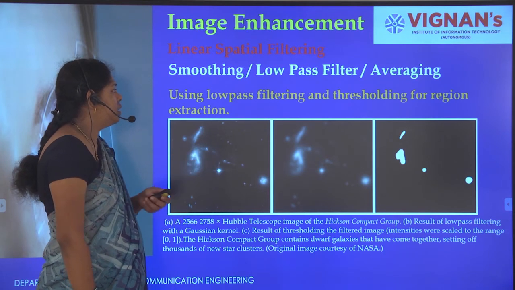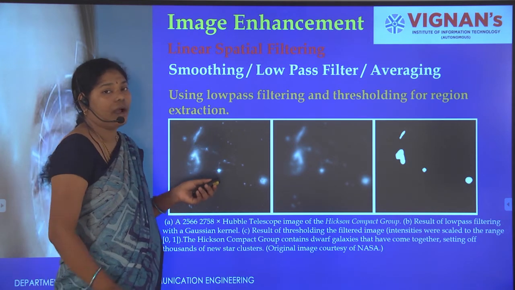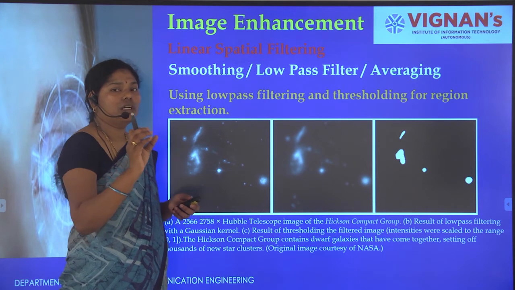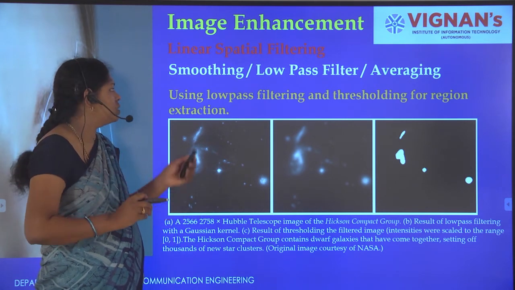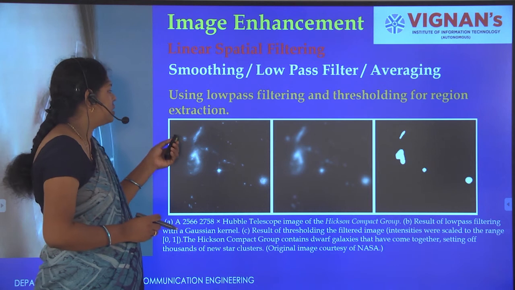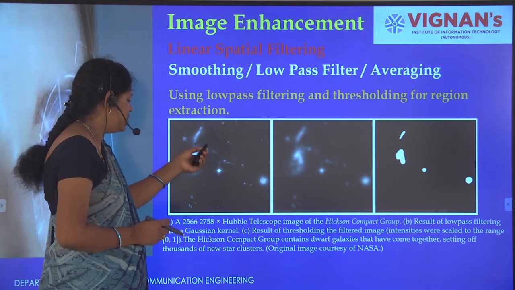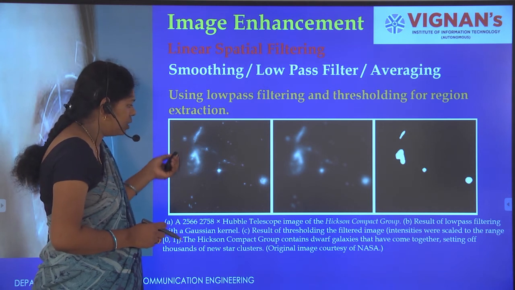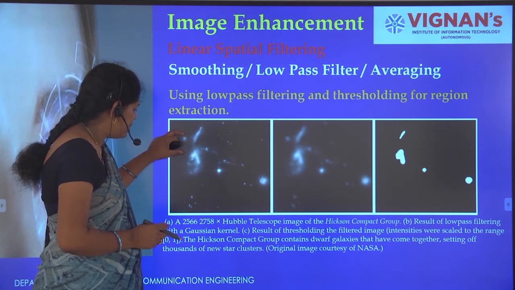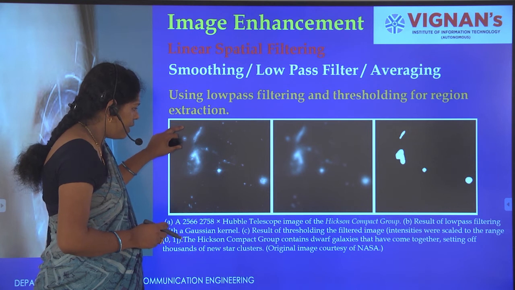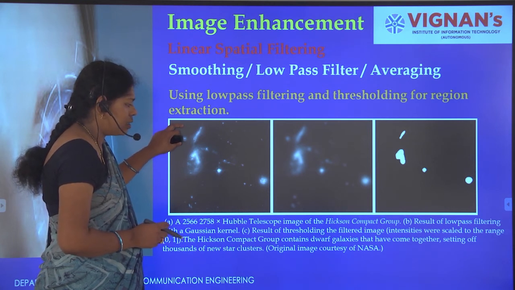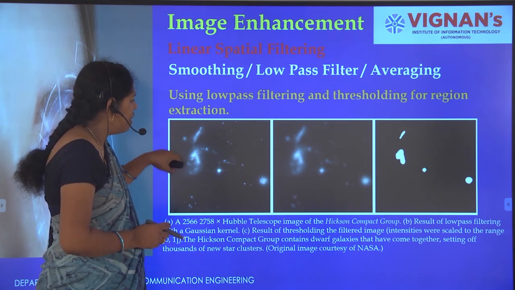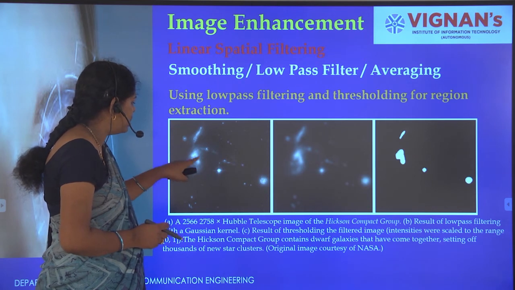Okay, next see the example of how we are going to identify a particular object in an image by using low pass filter. Let's see, this is the original image. Here this image has to identify where the galaxies are. If you are observing, there are sharp changes.